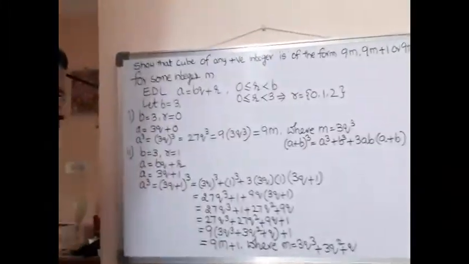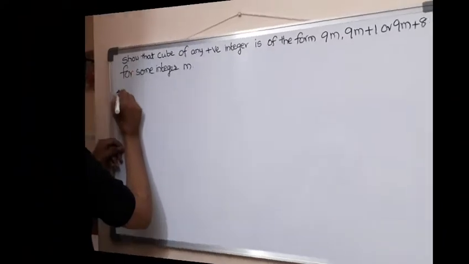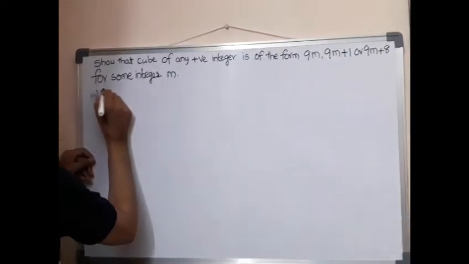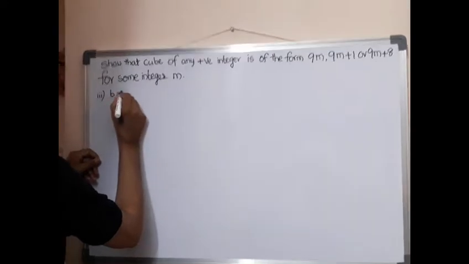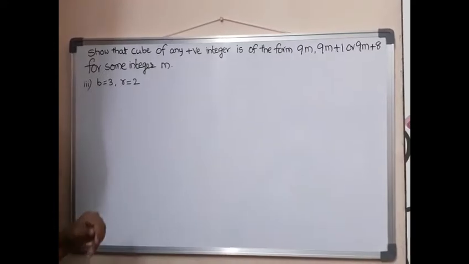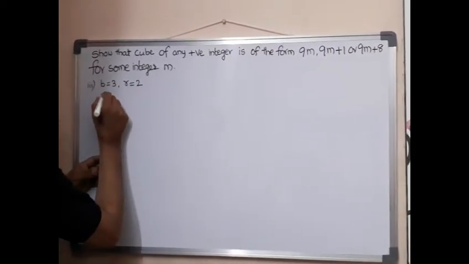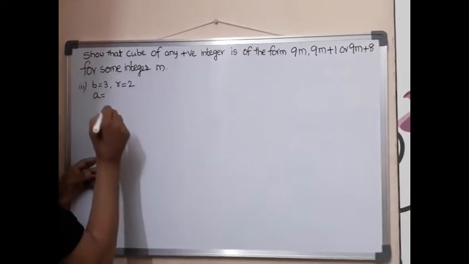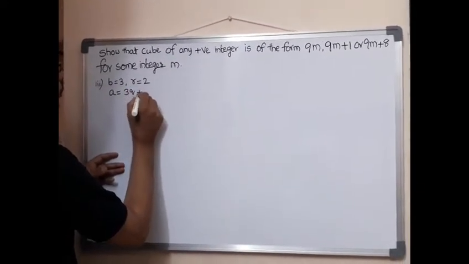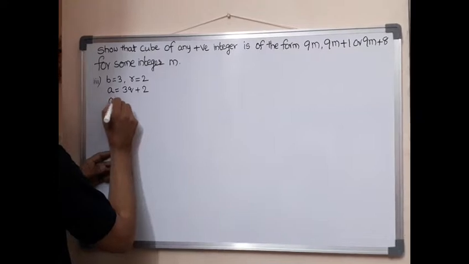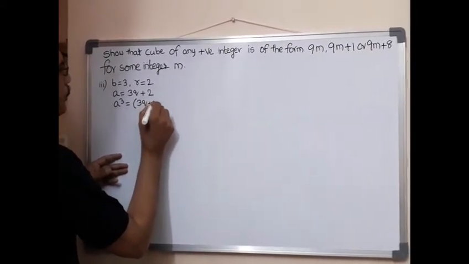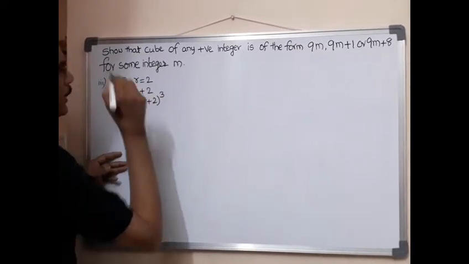So this is the second step. Third step. Taking b is equal to 3 and r is equal to 2. Writing these values in a is equal to bq plus r, 3q plus 2. A cube is equal to 3q plus 2 whole cube.